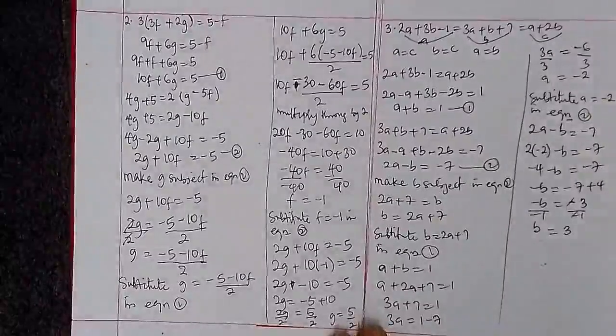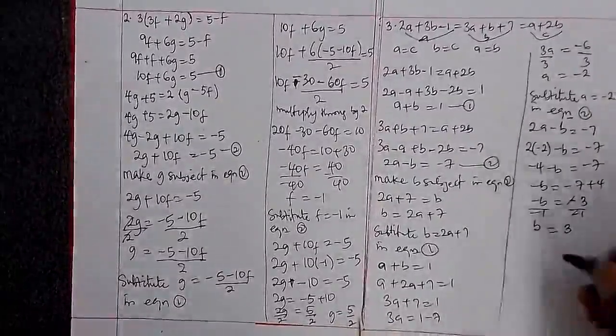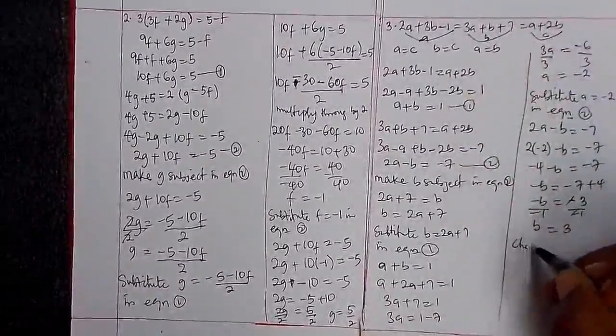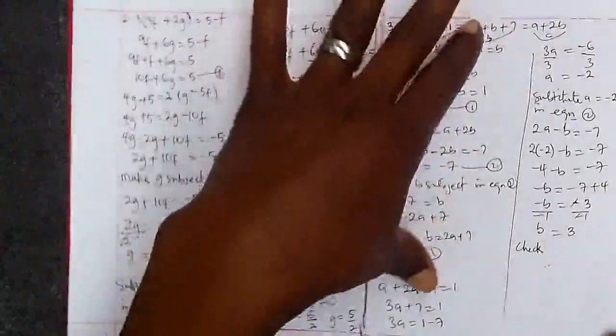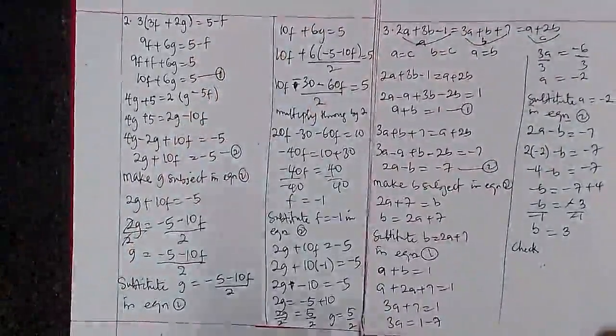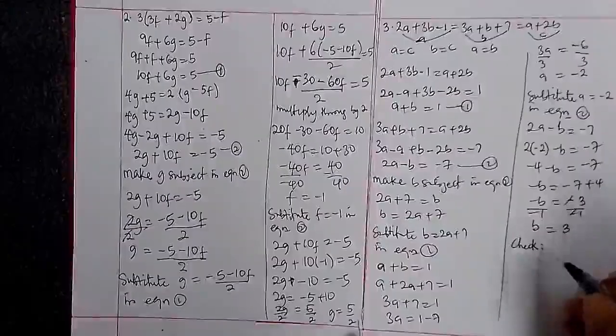Now let's check if our answer gives us the same value. Anytime you are given an equation like this, just equate them to each other. Choose 2 of them and make them a simultaneous equation and solve. So from here, let's check and see if our answer is correct.